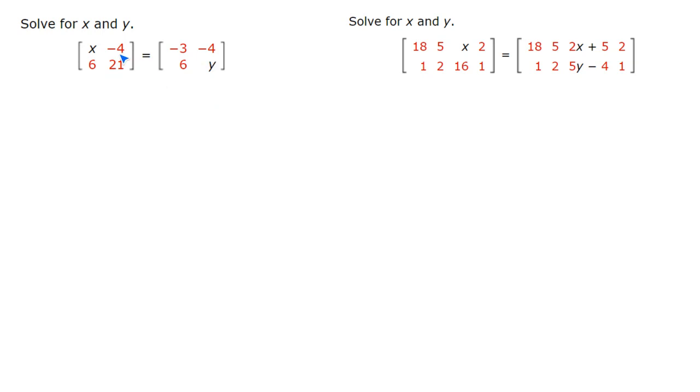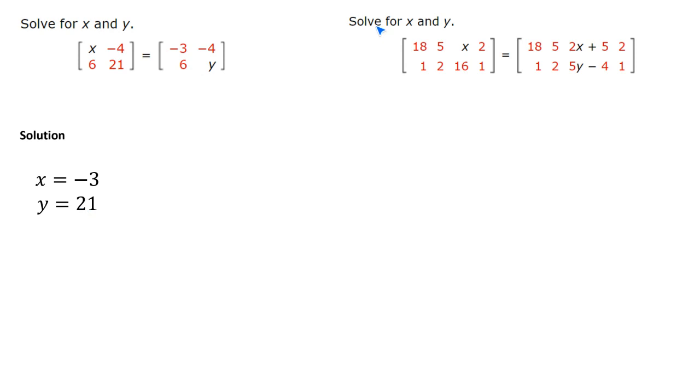So for example, I have a -4, I have a -4. I have a 6, I have a 6. If I know that they're equal, then this X has to be a -3, and this Y has to be a 21. So your answer here is going to be X equals -3, Y equals 21.